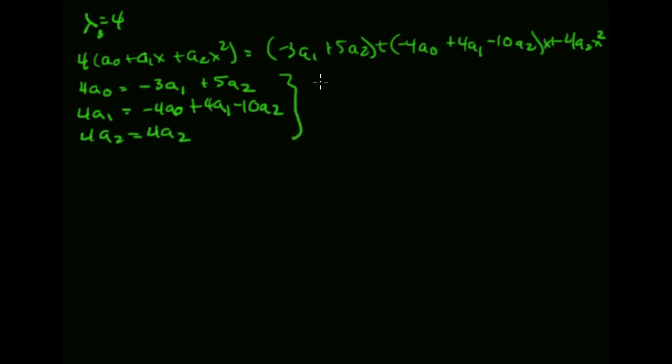All right, so playing that out, I'm going to get 4a0 plus 3a1 minus 5a2 is 0.